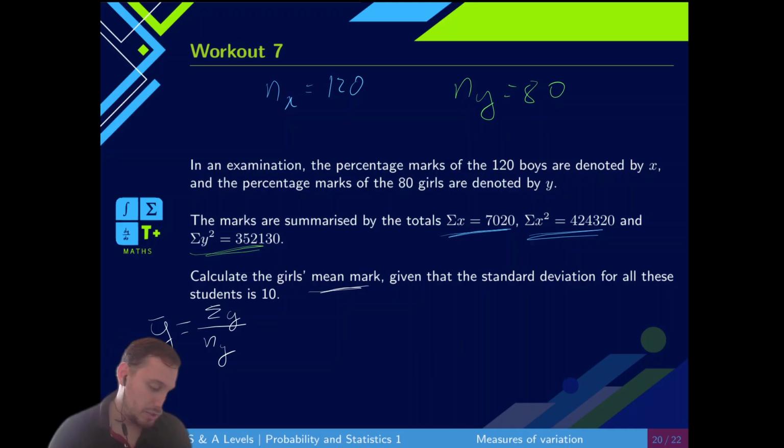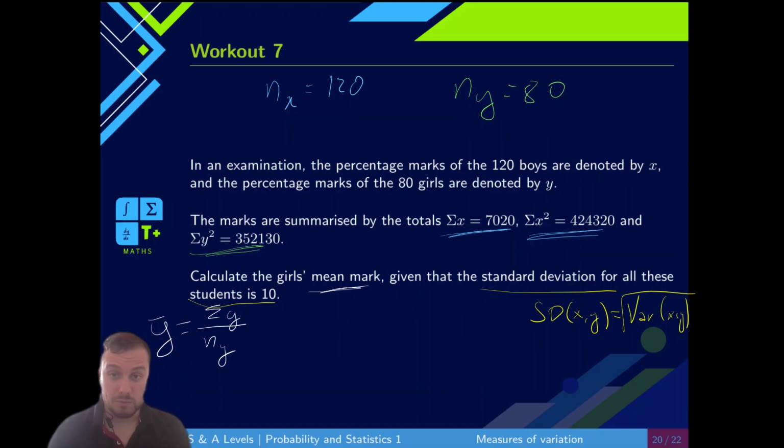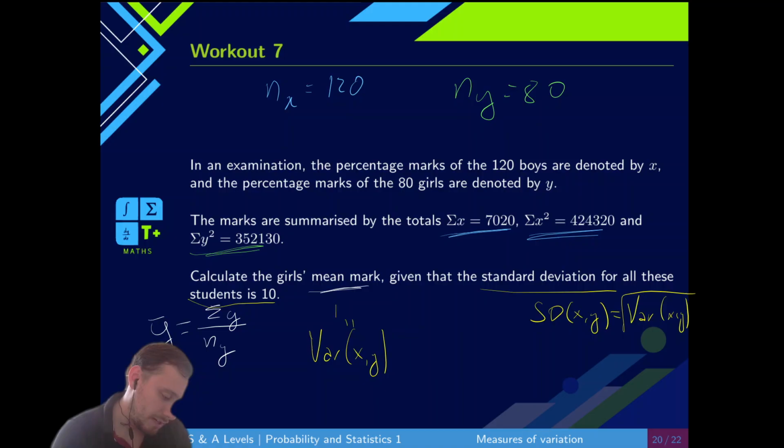Well, first of all, here we have the standard deviation. Remember that the standard deviation of x and y is the square root of the variance of x and y. So if the standard deviation is 10, we can know that the variance is 100, right? So here we get that the variance of x and y is 100.